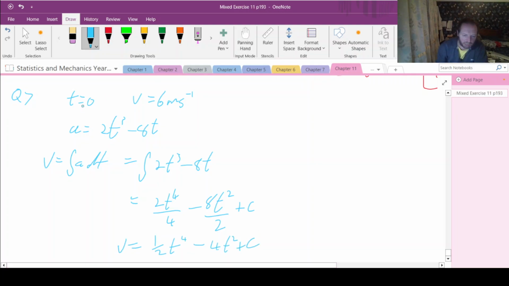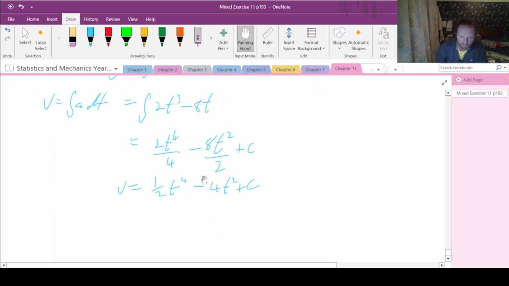Now, because of the information at t equals 0, velocity equals 6, we can substitute 0 into both of these, making them both 0 terms, and so 6 would equal c.